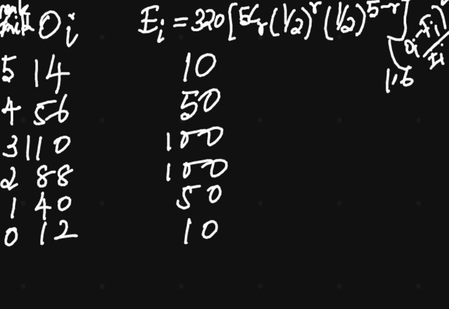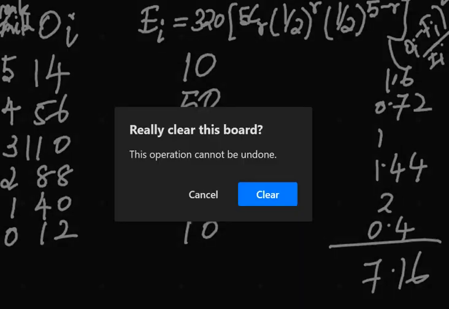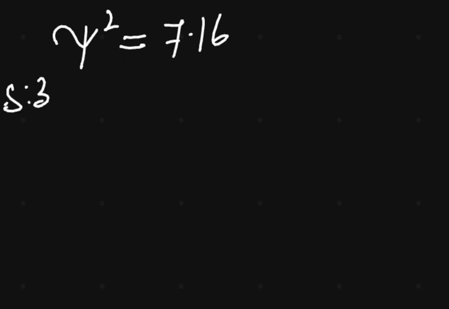The next values will be 0.72, 1.44, 2.4, and so on. If you add these values, you get 7.16. So my calculated value of chi-square is 7.16.